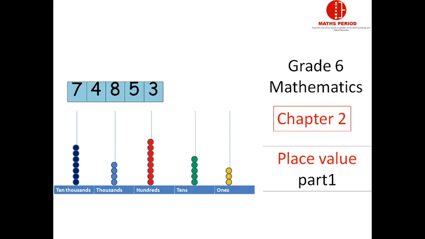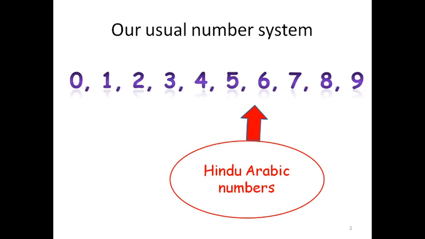Today we are going to look at place value, that is chapter 2 of grade 6 mathematics. Okay, what are the numbers that we usually use? Or else if I ask you how many digits that we use. So we use numbers from 0 to 9.